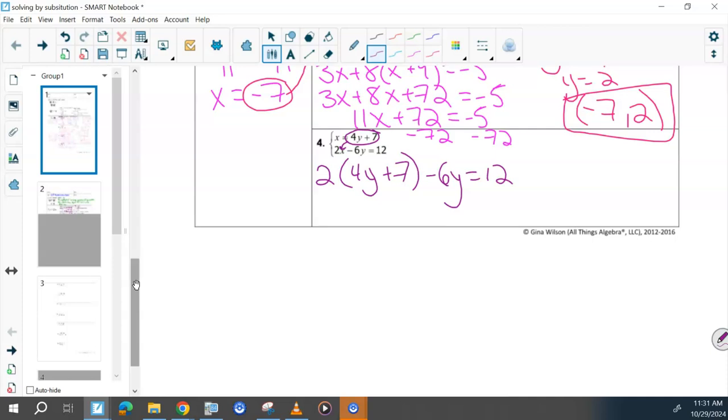The main thing with this is substituting into the right thing. You know something's off if when you substitute, you still have x and y. You may have substituted incorrectly. If you only have one variable, like all x's or all y's, then you're fine. Okay, so to solve this, we would distribute first.